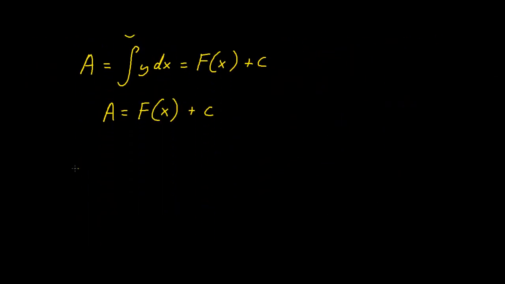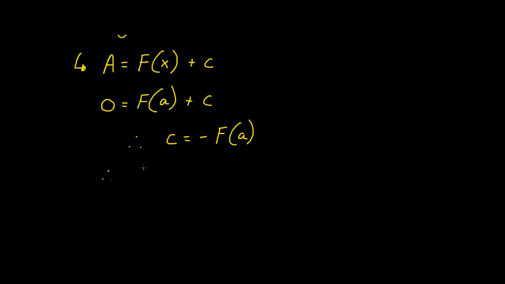So, looking at this, we can change the area into 0, we can make x become a, and we'll keep the constant here. Therefore, the constant is minus function of a.